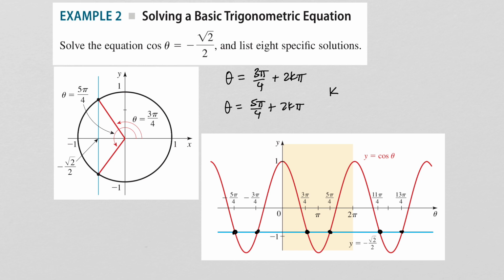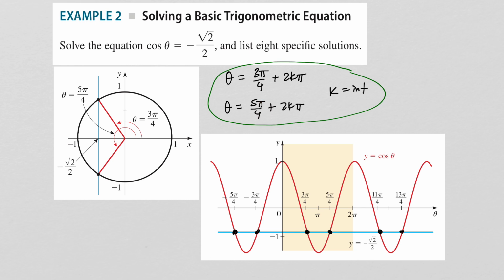And once again, k is equal to an integer. So this part of the solution is not too hard to get, but it's the beginning. It's the fundamental solutions. It's the 3 pi over 4 and the 5 pi over 4 that you really need to focus on, because that's the beginning of all the solutions.